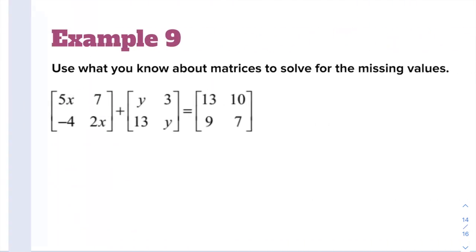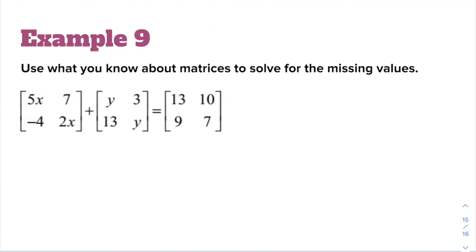I could also give you an example like this, which is a bit more challenging. So in this example, I have two matrices that are being added together, and then they equal a third matrix. All of these matrices are 2 by 2, so the matrix operations would pan out. And so what I'm going to do here is focus on the different elements again.